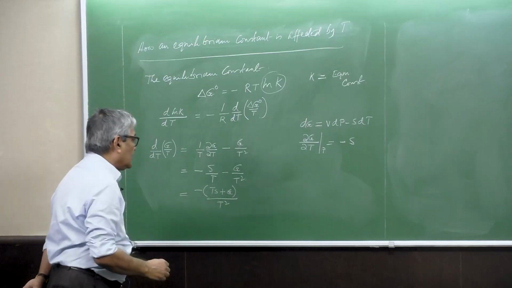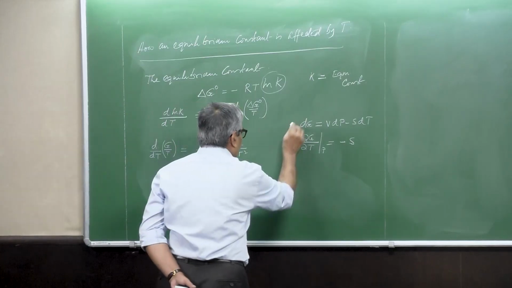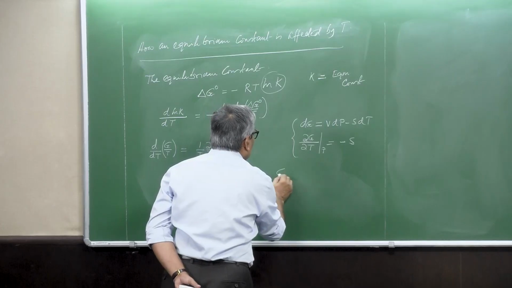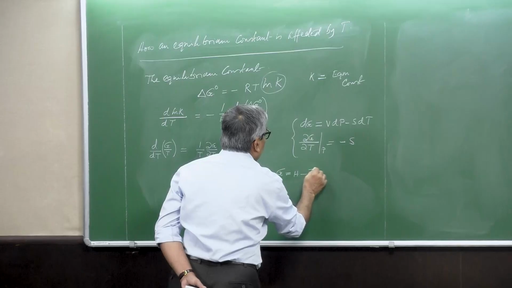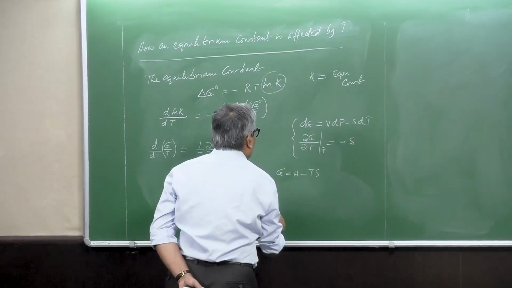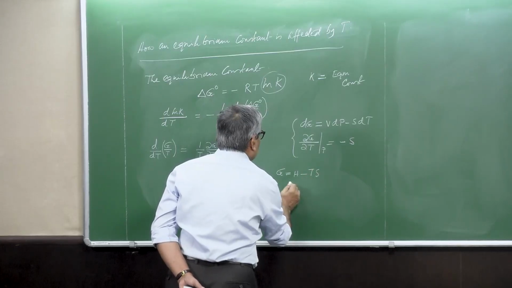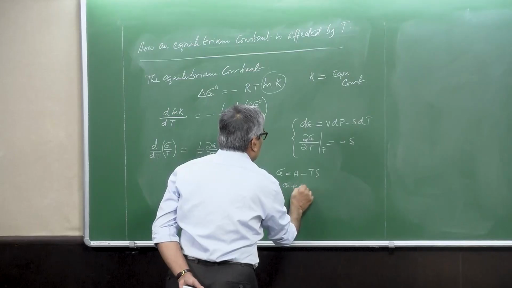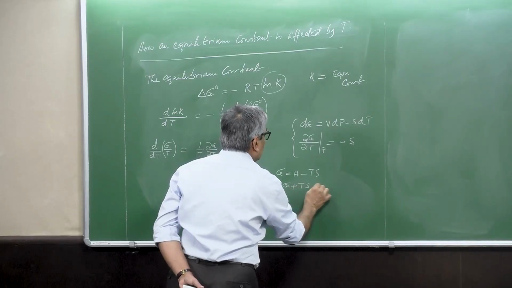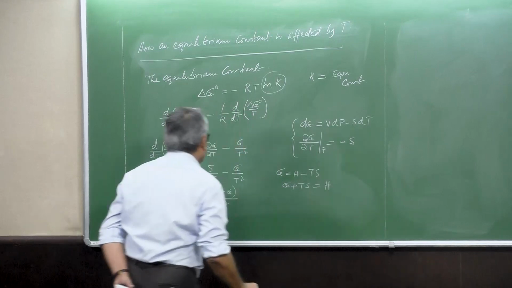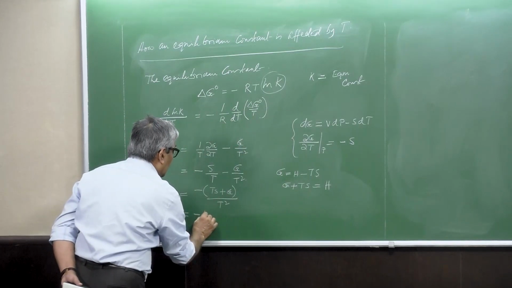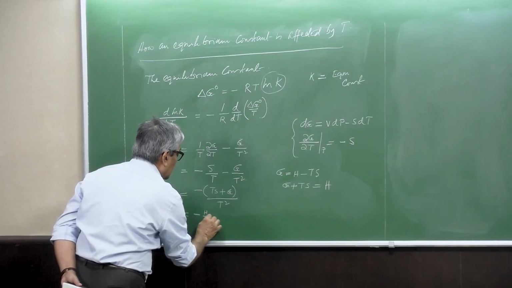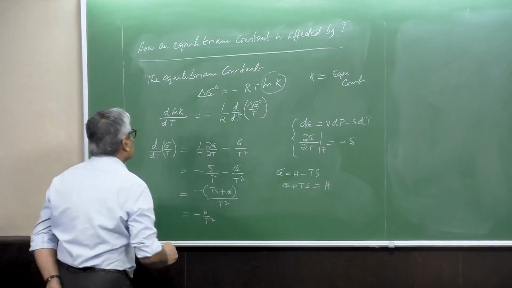Now what is this quantity? Since G equals H minus TS, then G plus TS is equal to H. So this is nothing but H. So it is minus H by T square.